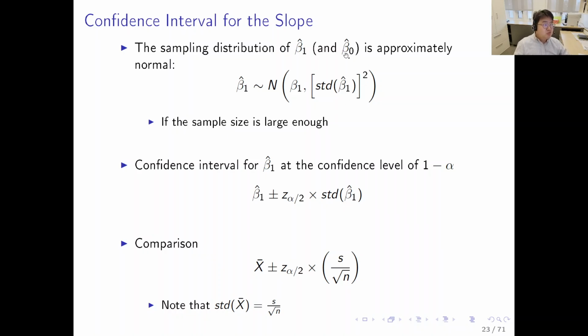The sampling distribution of your estimator beta 1 hat, the estimate, is also approximately normal, right? The normal has two parameters, mean and variance, and the mean is the true beta 1, which is unknown. I don't know what the true marginal cost is, but that is the center of the sampling distribution.